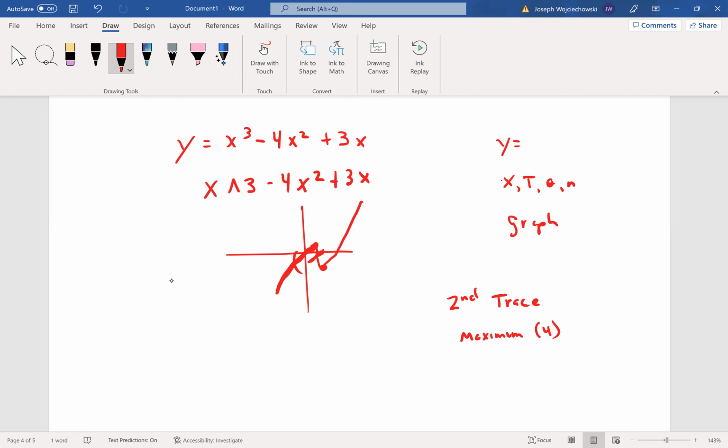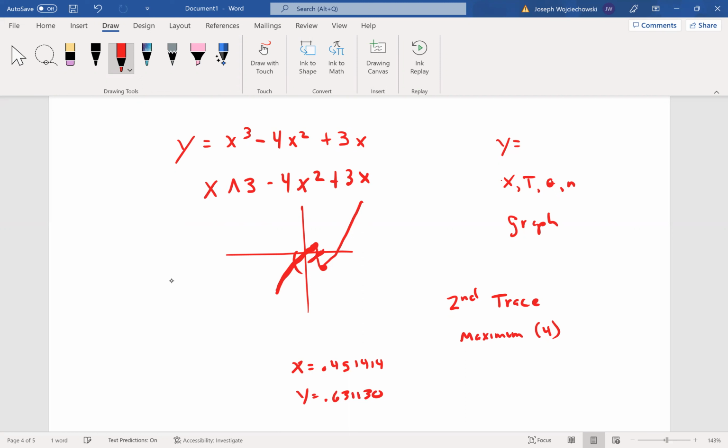So hit my arrow key, go around and over, and hit enter again, and then hit enter a third time, and we should get x equals 0.451414 and so on, and it should say y equals 0.631130. So that's how we find our maximum.